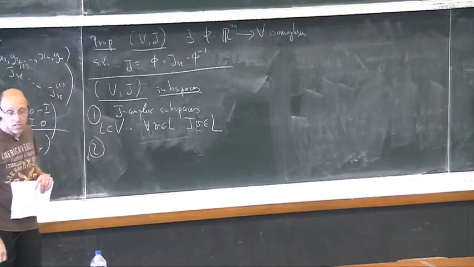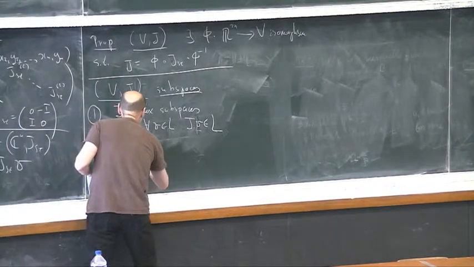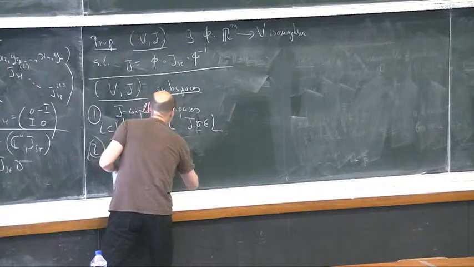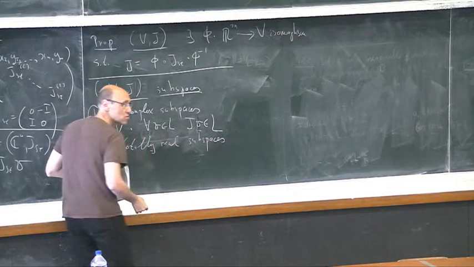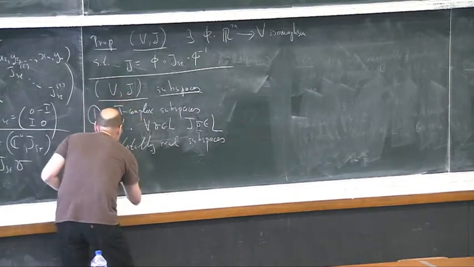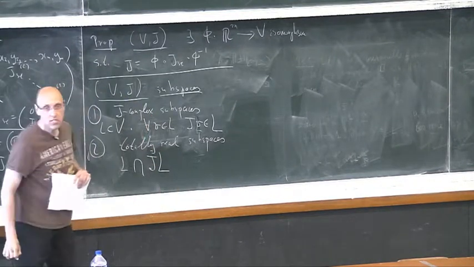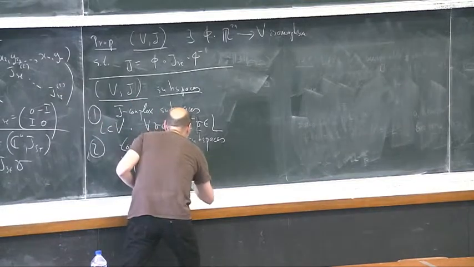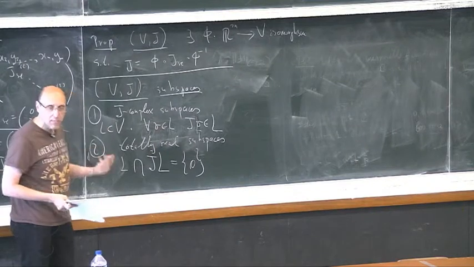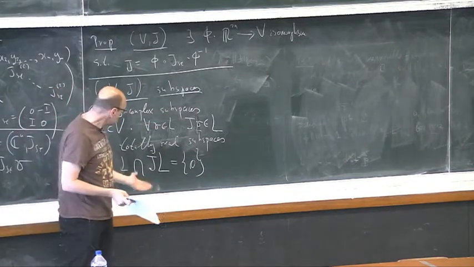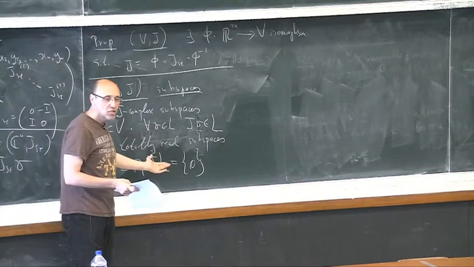And the second class is in some sense opposite, so totally real subspaces. A subspace L is totally real if the intersection of L with JL is equal to the origin. In the J-complex situation, the intersection of L with JL is the maximal possible, which is equal to L. In this situation, this is the minimal possible intersection, which is just the origin.